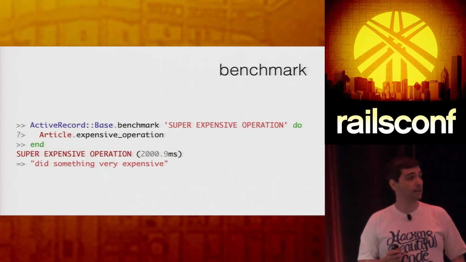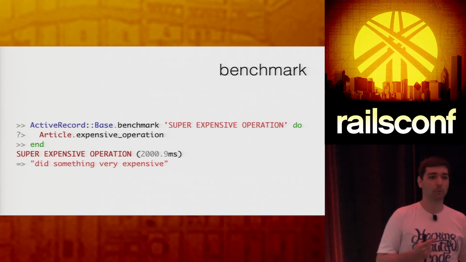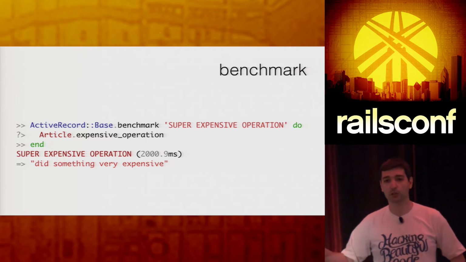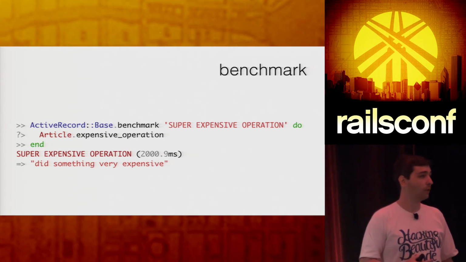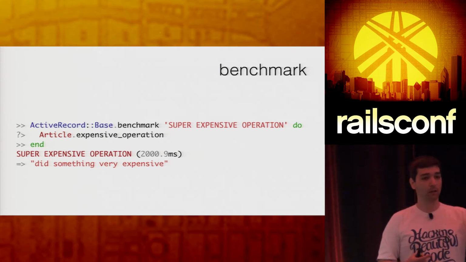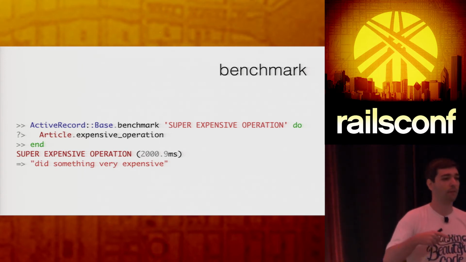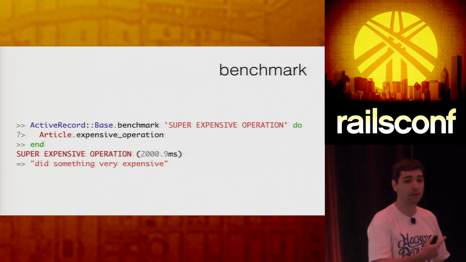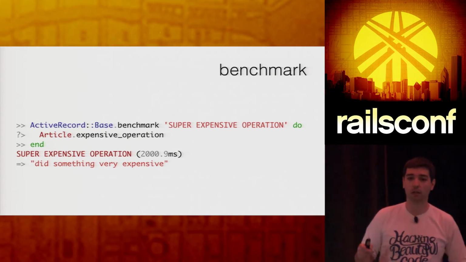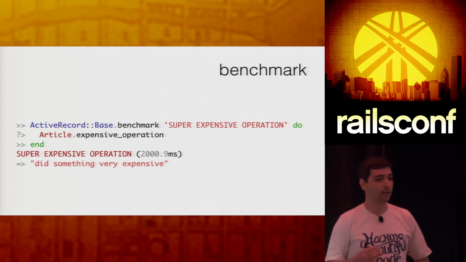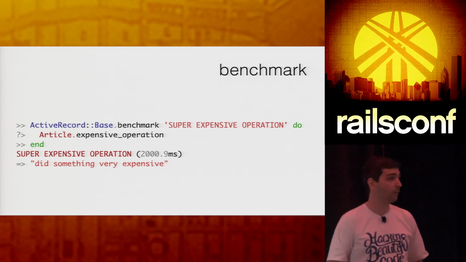But Active Record already has this benchmark method where you can pass in a description for that, and then you can call your own operations inside the block. So it's gonna log this operation for you in the Rails logger, so every request that uses this method is gonna be logged in your output there, and you can later on filter and see how long it's taking and maybe add some metrics on top of it.